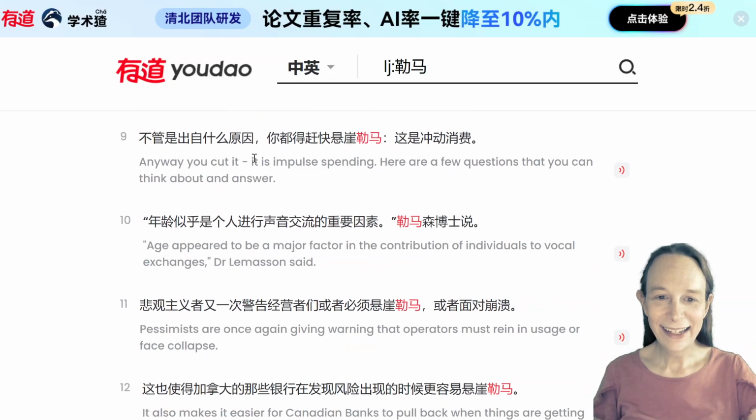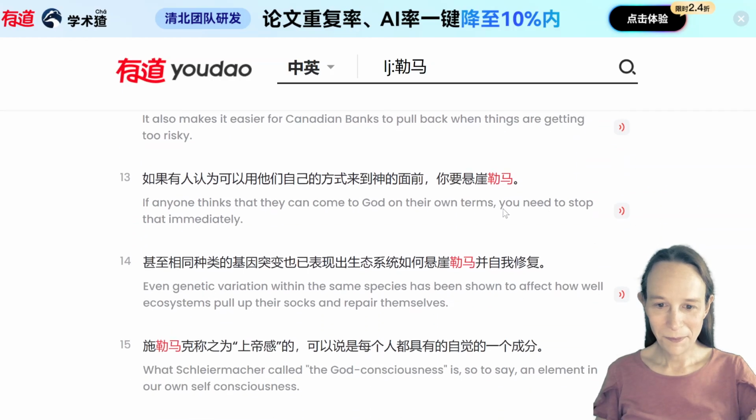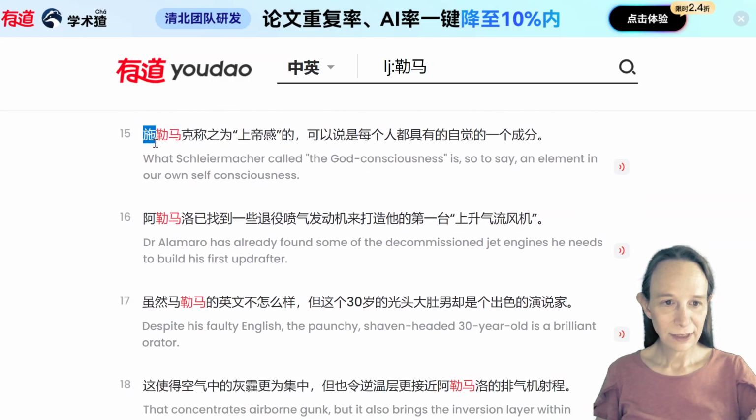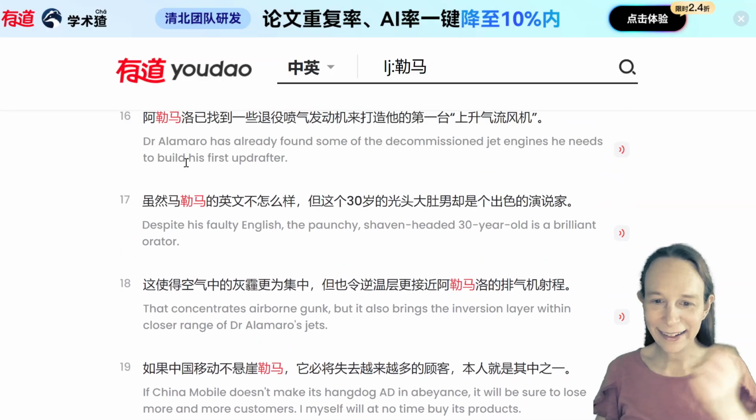I think that's the idea. 勒马森博士说, oh, this is the name. Another transliteration. Oh, this is not helping.